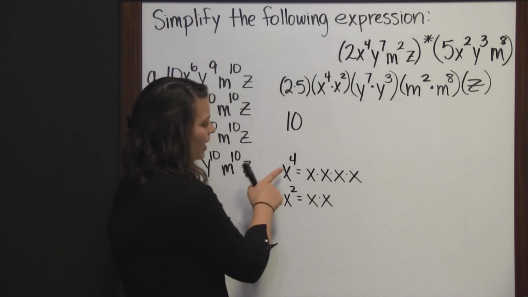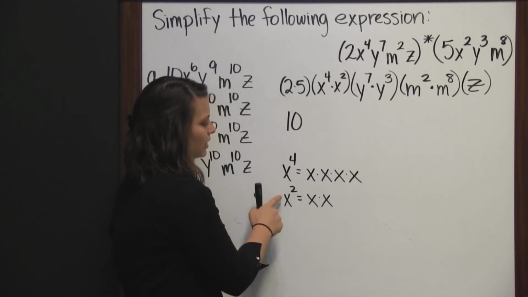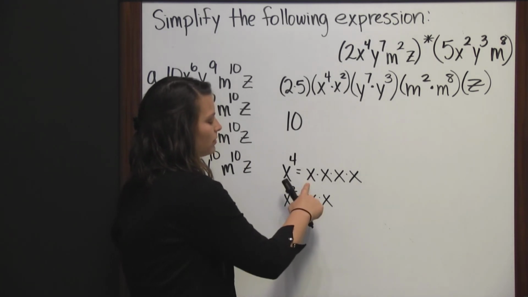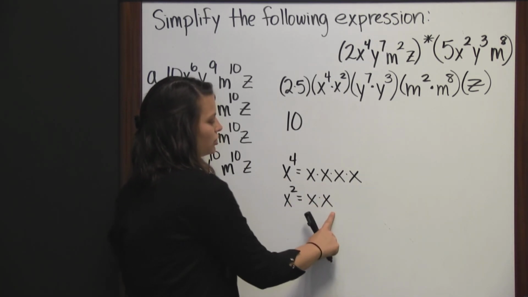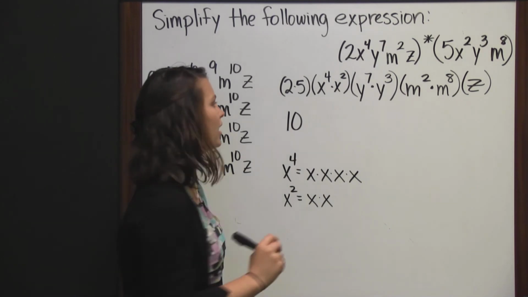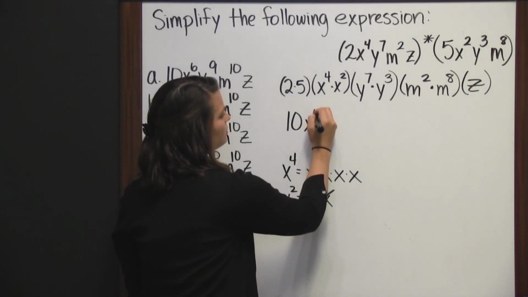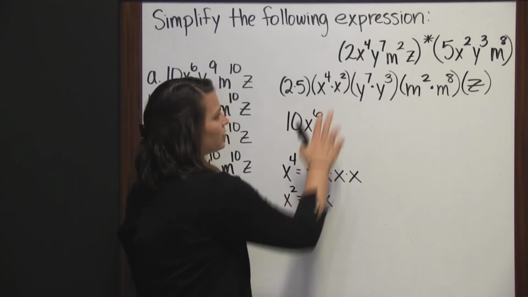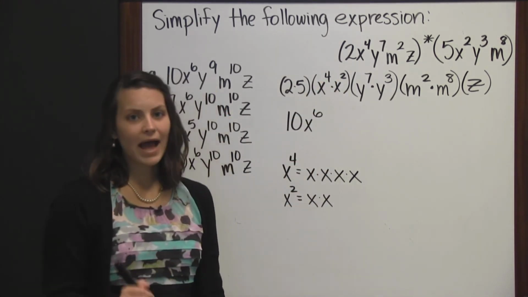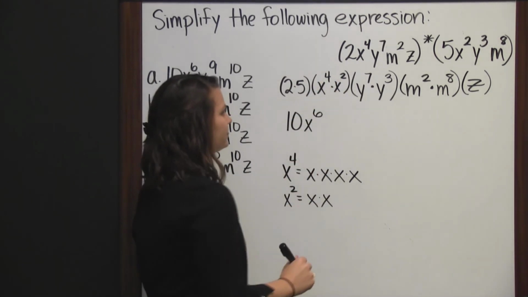So when we multiply x to the 4th times x squared, we're multiplying x times itself a total of 6 times. So it's x to the 6th. You can see what we end up doing is adding those exponents together.